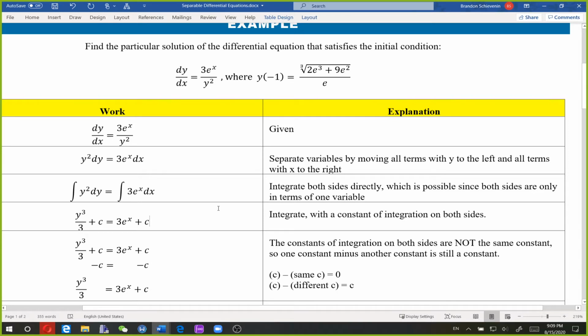We don't know yet. So when I go to subtract on the left side, c minus c, because that's the same constant that I'm subtracting, this c minus c will be 0. And I don't need to write it. But on the right side, I'm subtracting this right c minus our left c, which is not necessarily the same constant.